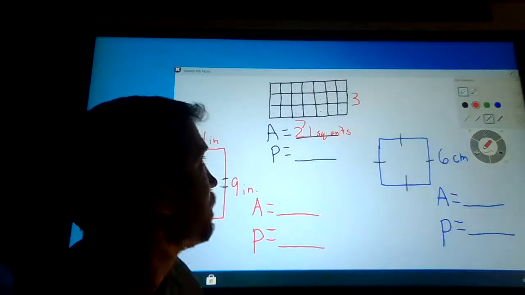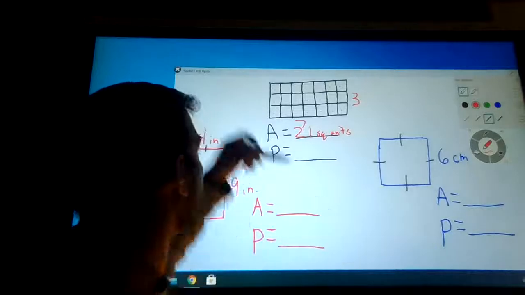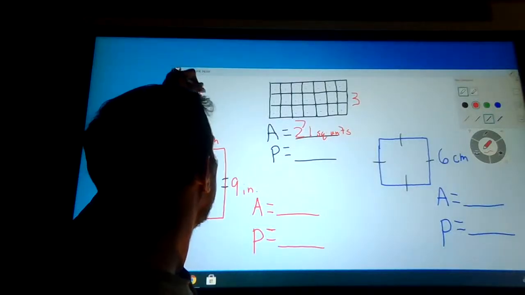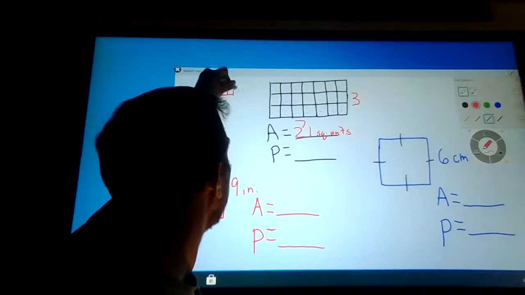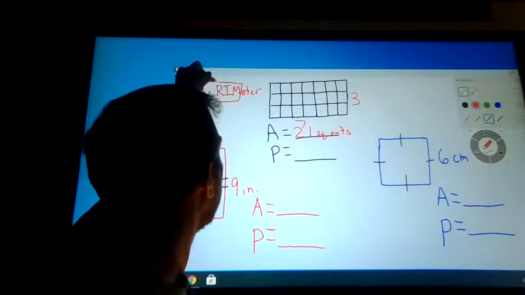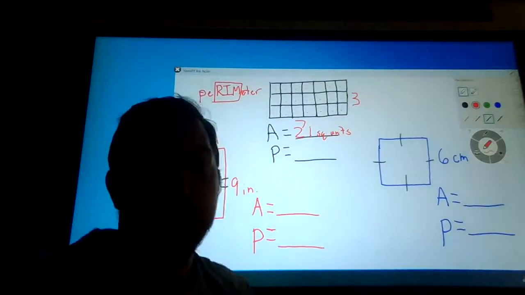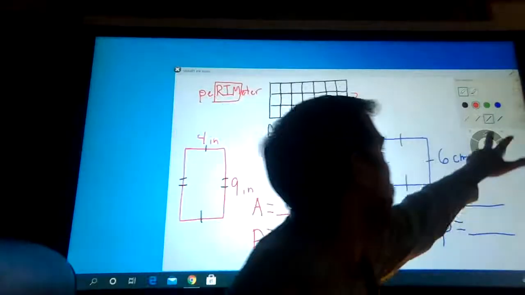The perimeter is the distance around the outside. I think of it like in basketball, you have the perimeter, kind of that rim. So the perimeter is the outside. It's just the distance. How long would it take to go around there?